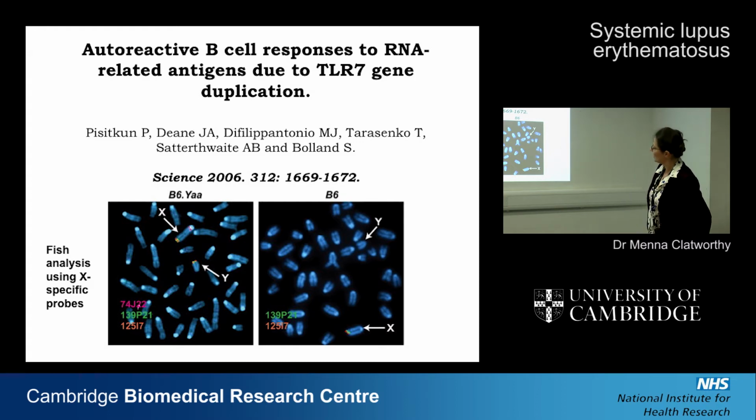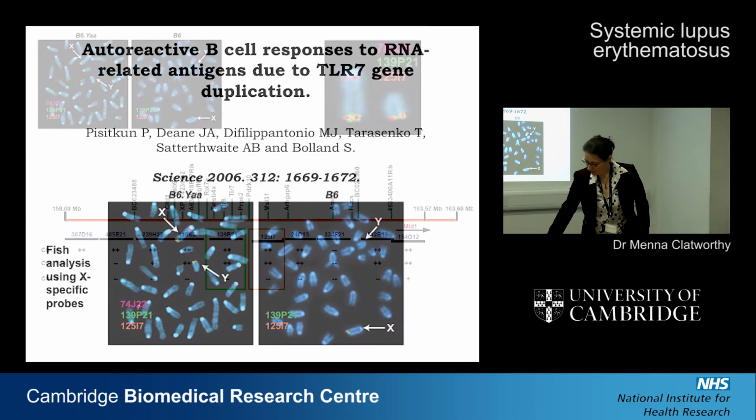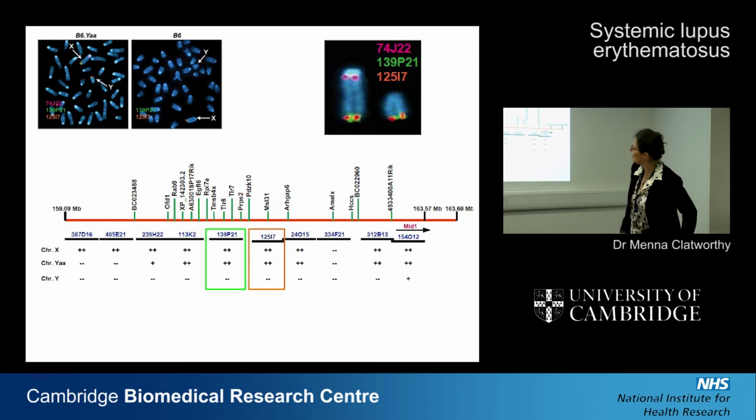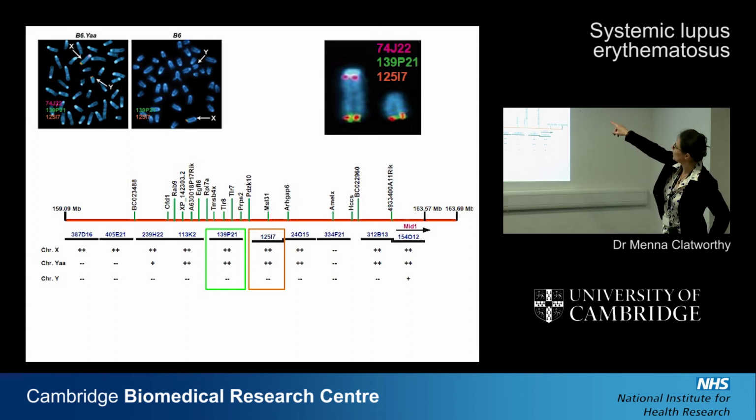You can see the probes are lighting up on the end of the X chromosome, in red and green. And in the BXSB mouse, those same probes are binding to something on the Y chromosome. I've blown up the chromosomes so you can see them in more detail. Whereas the black 6 Y doesn't light up because it doesn't have those sequences, in the BXSB it does.